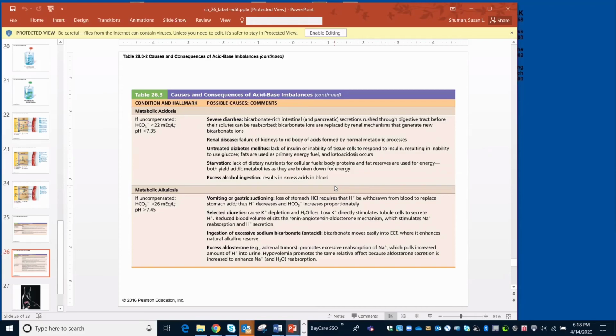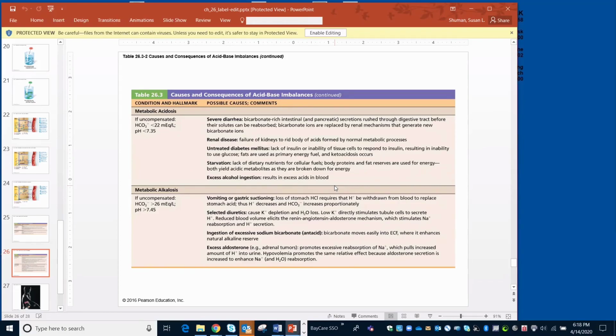Okay, so let's change these. I can change one number and make it partially compensated. So if I say I'm partially compensated, my pH is still not in normal range, but both of them are out of whack. So give me a different number for my bicarb that would say it's trying to help.